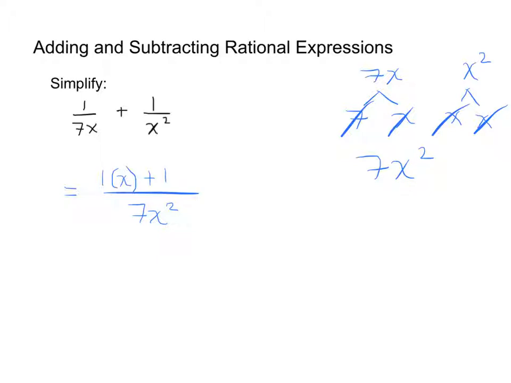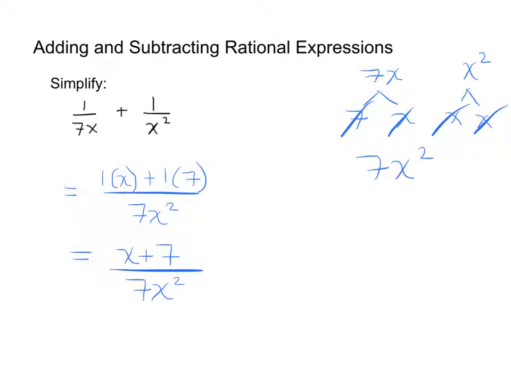So this is going to be 1 times 7. You don't necessarily need to write out that step, but just to show you where these numbers are coming from. The original numerator multiplied by whatever you need to change the denominator. So we're multiplying the first one by x over x, the second one by 7 over 7, and we end up with x plus 7 over 7x squared.